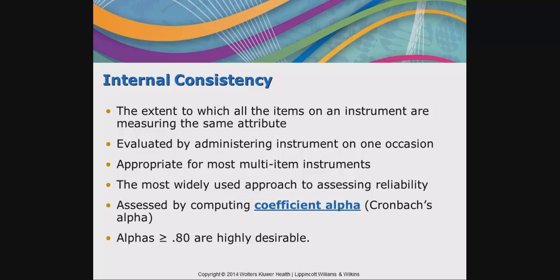And this is the most widely used approach to assessing reliability. But if you have a 30-item questionnaire, then each of those 30 items is evaluated using the Cronbach's alpha.